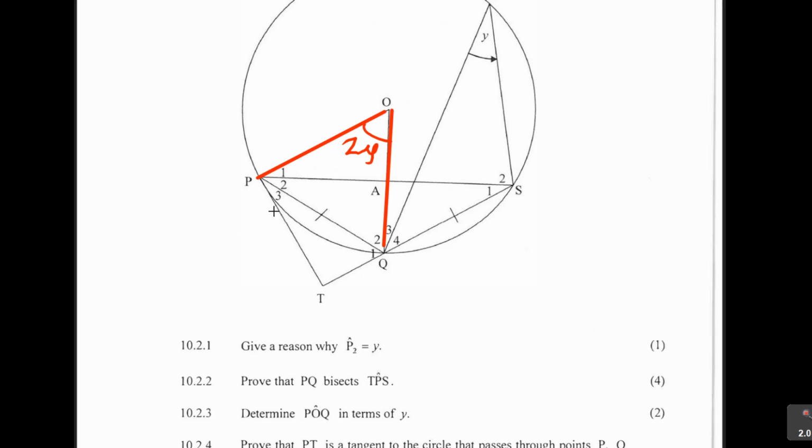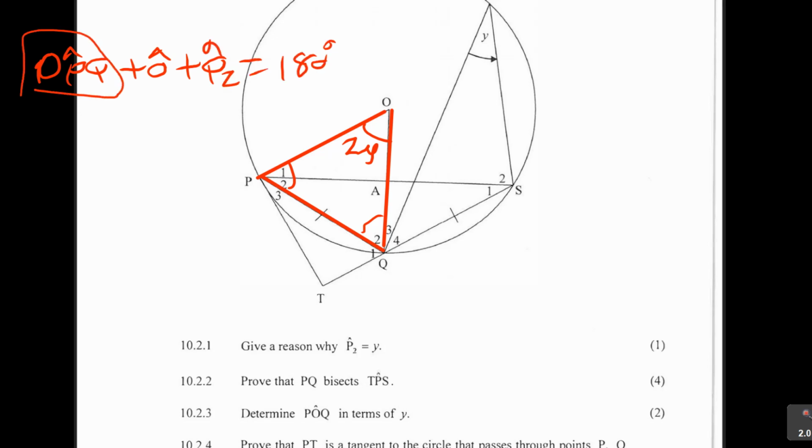Now sum of angles in a triangle: angle OPQ plus angle O plus Q2, we just did this, they must give me 180 degrees, right?